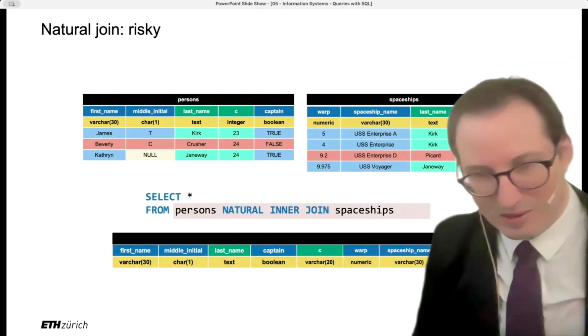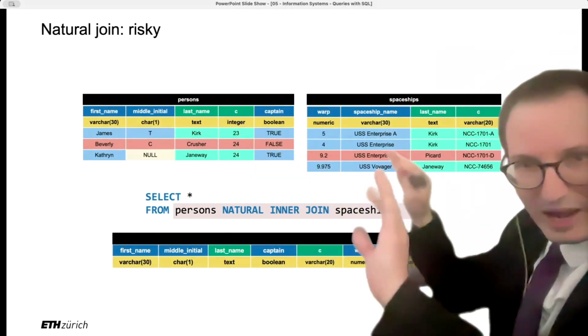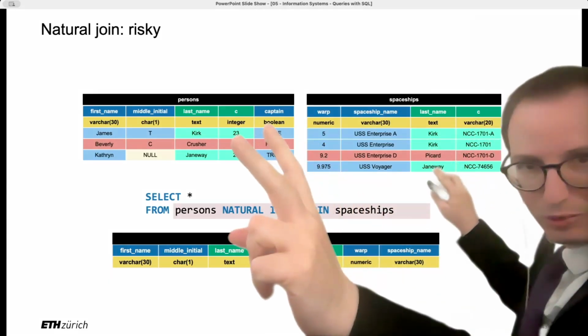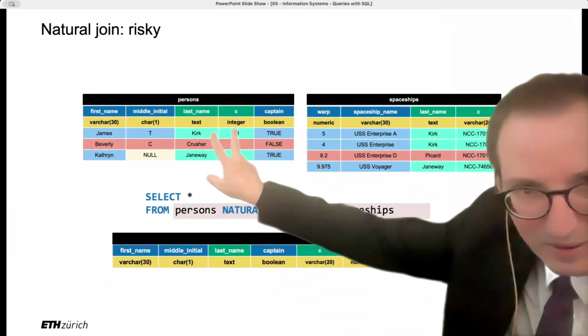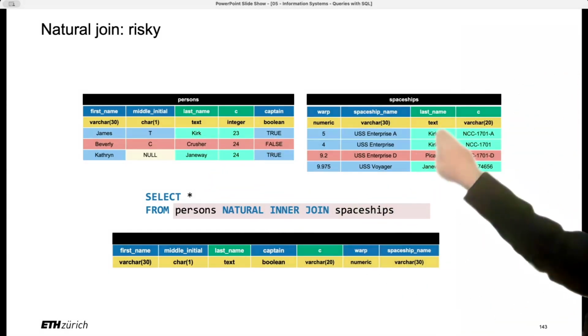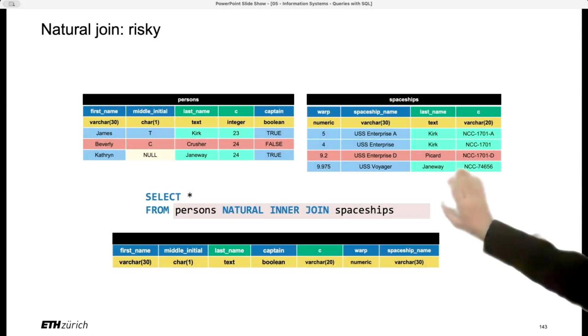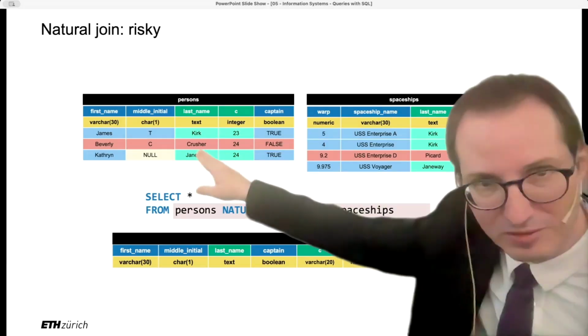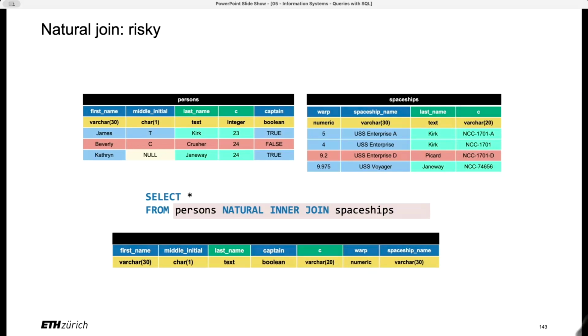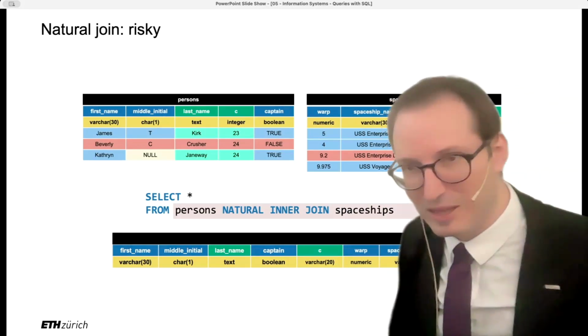What that means is you're putting together the records that exactly match on these columns. So here, for example, you take this record right here, Kirk 23, and you're looking here, is there Kirk 23? No, nowhere, so that doesn't match. And you do it for all possibilities. You match these pairs with these pairs, and you only keep those that match. Does that make sense?